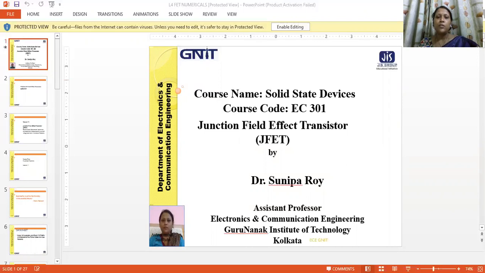The Q point is generally situated at the middle point of the load line for class A operation. So VDSQ equals half of VDD. This is half of the total VDD, the midway.